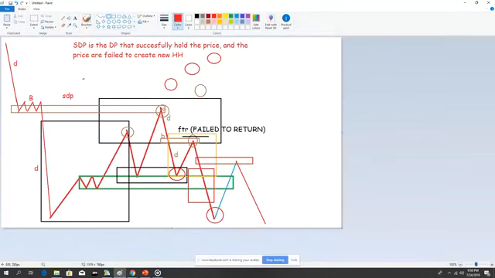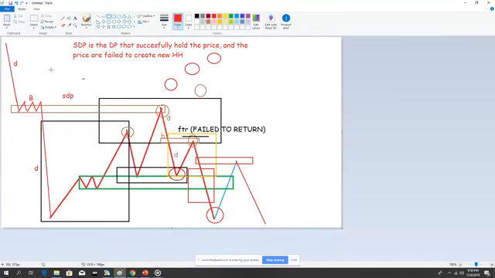That's why it failed to create a new higher high, and then the price rejected to the SDE, bounced back and was held again by another SDP, and now the price goes down, and it engulfed the SD, and the SD has occurred.